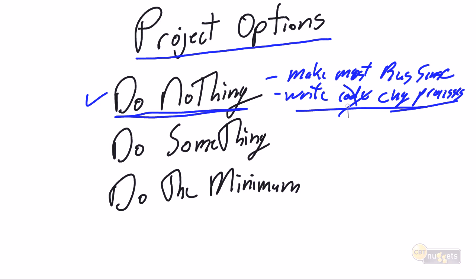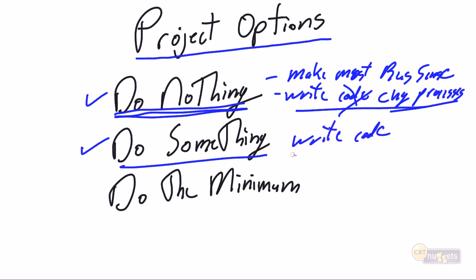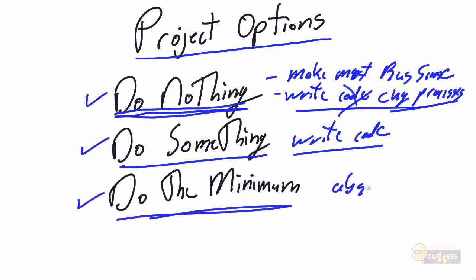Sometimes the right answer is not to write code. Sometimes the right answer is to do exactly what the business asked us to do. And sometimes the right answer is to do the absolute minimum.